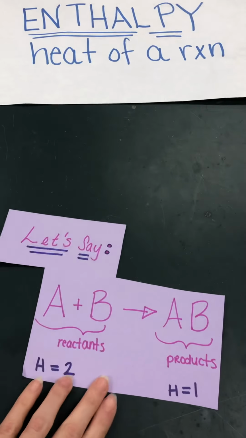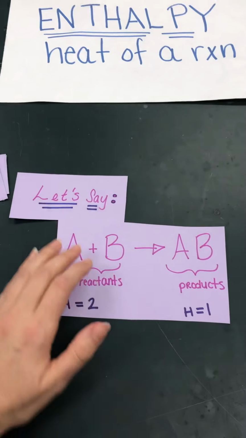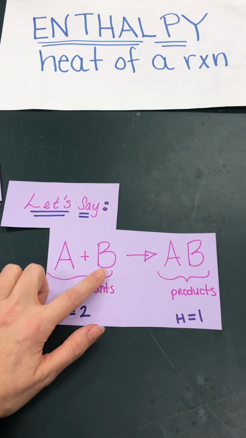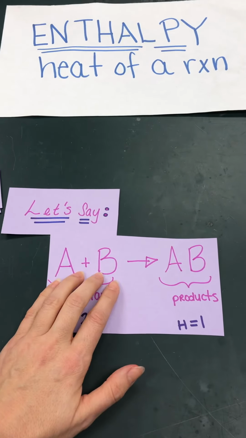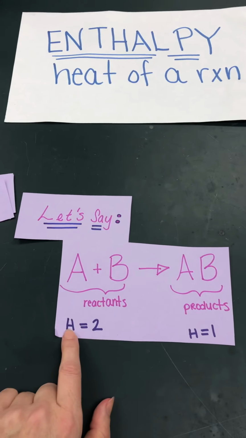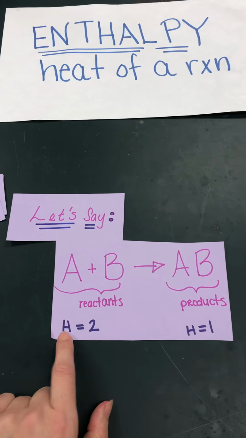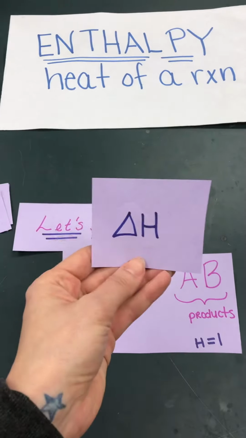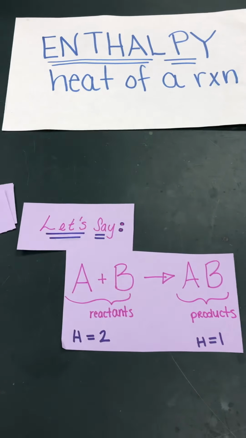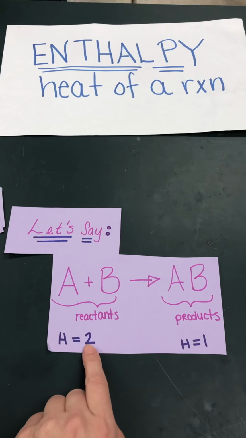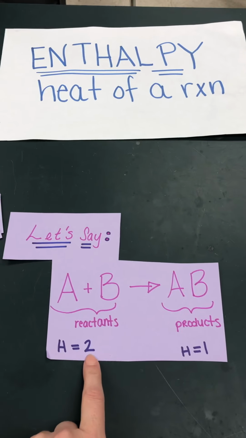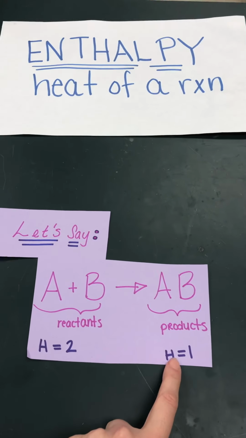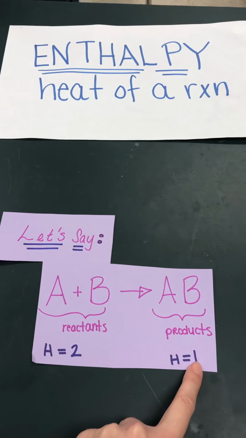This reaction right here, let's say, I've got my reactants A plus B, have some sort of a heat associated with it. And let's just take that generic H right there for heat. Remember, heat, H. And let's just say that the H is 2 on this side. We're just being hypothetical. And on this side, the H is 1, okay?